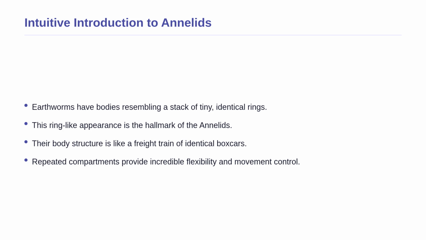To understand this intuitively, imagine a long freight train made up of dozens of identical boxcars connected in a line. This is very similar to how an annelid's body is built. By dividing the body into these repeated compartments, the animal gains incredible flexibility and precise control over its movements, allowing it to navigate complex environments.